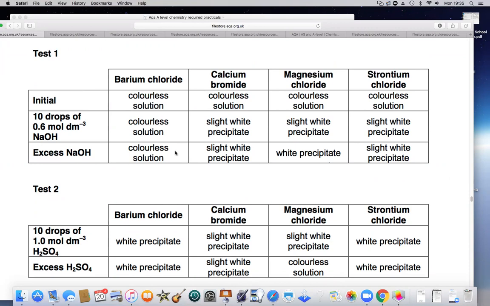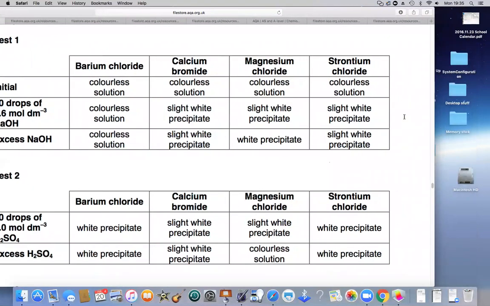What you are meant to see, and rather unhelpfully these have not been put in group order, is that magnesium chloride should have the clearest precipitate, followed by calcium bromide, and then the strontium salt may have a little bit of precipitate and the barium salt will have no precipitate. But sometimes it's hard to distinguish between some of them. So here you can't really tell which one was calcium and which one was strontium from those results. You can't really see which one is the most soluble.